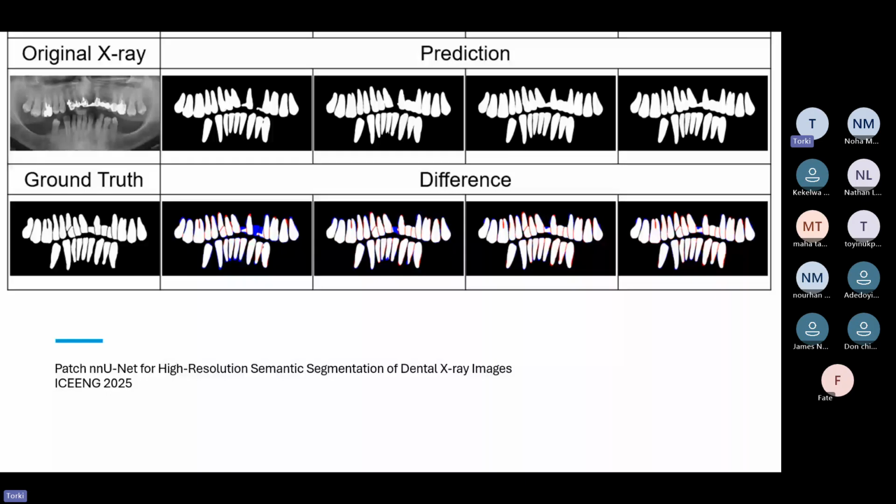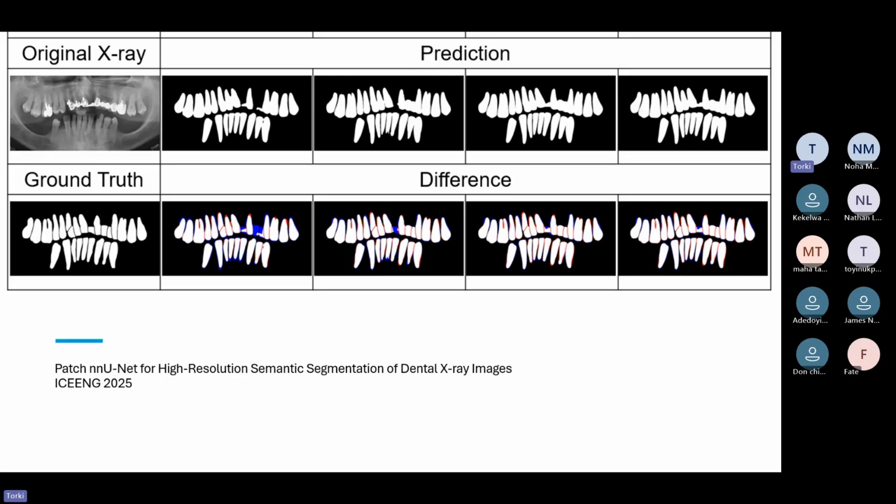So what we have done in this paper was to process the image in patches. We don't process the image as a whole. We keep the high resolution, but process in patches. We process many batches, but every batch will be maybe 500 by 500, and we slide the batch on the image and then accumulate the results to find the final output.